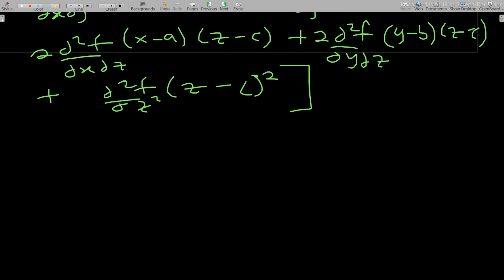So let's use another color for this. Plus 1 over 3 factorial. Then the third derivative will come.